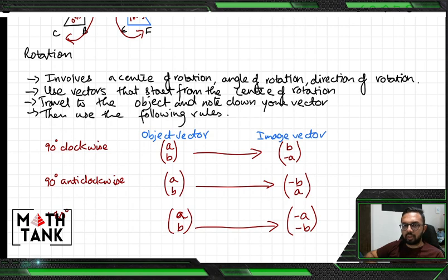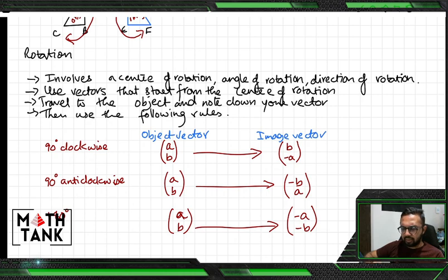Whenever you're constructing vectors, you first travel from the center of rotation to the object, note down your vector, then you use the following rules. If it's a 90-degree clockwise rotation, you write A and B first, whatever those numbers are, you exchange them, and then you change the sign of the one at the bottom, and then you use this movement to point out the rotation.